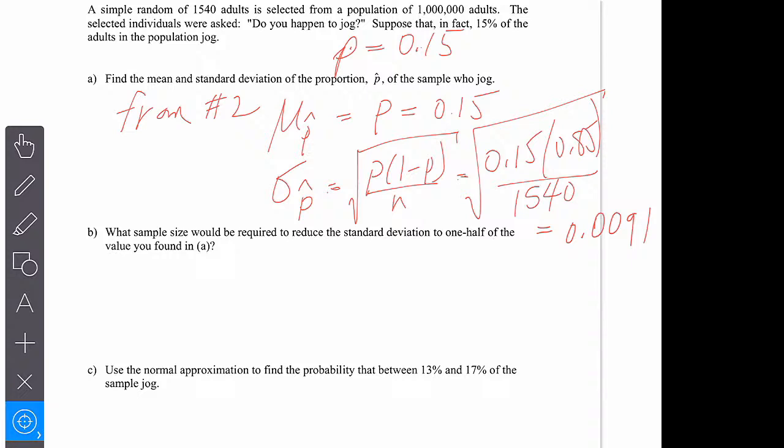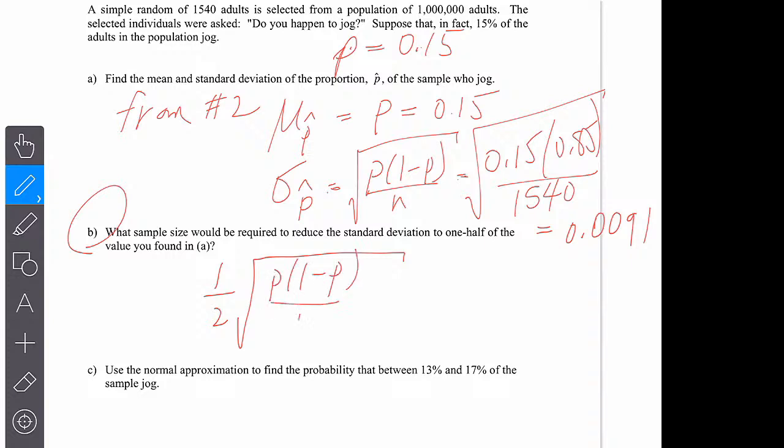So how about this one? If I wanted half of this amount, that would be the same as... Does everybody agree?